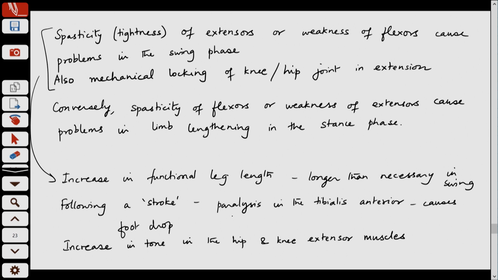That means flexing against these muscles, because these are the antagonist muscles for hip and knee flexion, becomes difficult, and you may also have the foot drop, where because of your weak dorsiflexor, the foot is no longer able to stay in the neutral or come to the dorsiflexed position to enable the foot clearance.